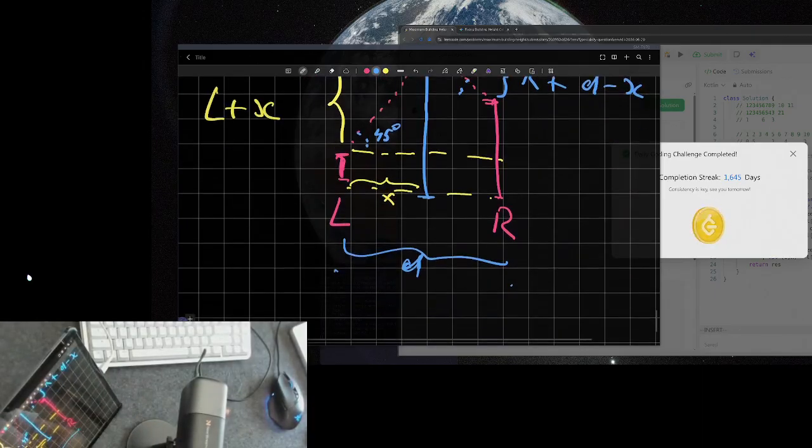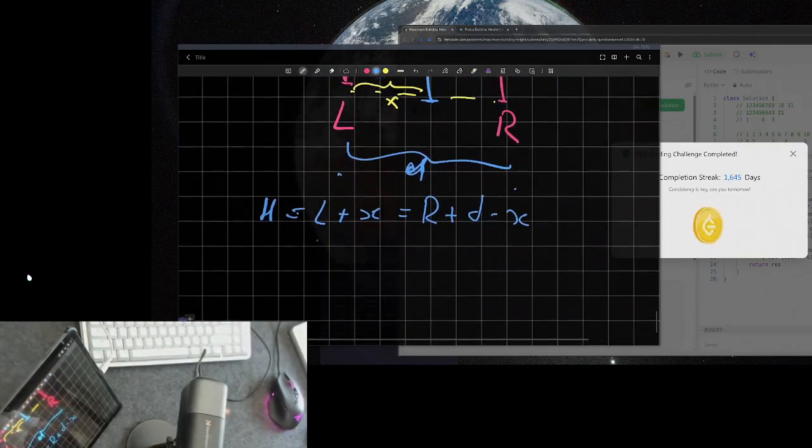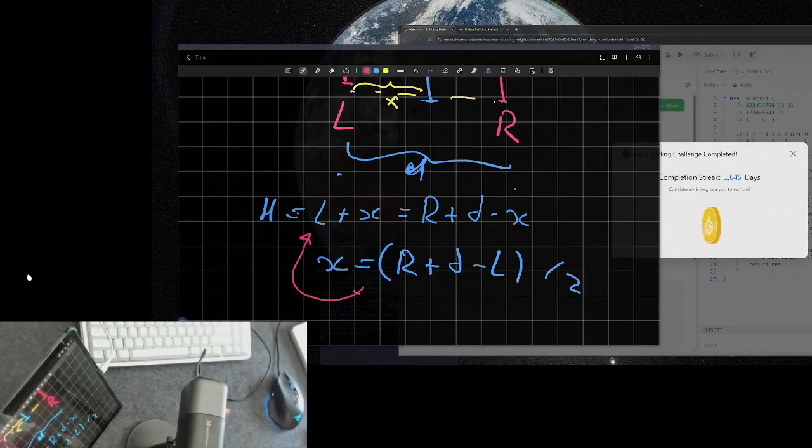So h equals left plus x, and also r plus d minus x. Solving this equation gives us the x value: x equals r plus d minus l, divided by 2, and then we put it back into h.